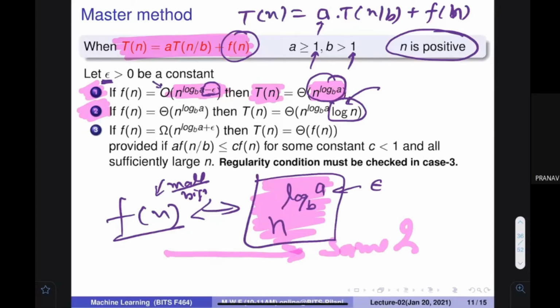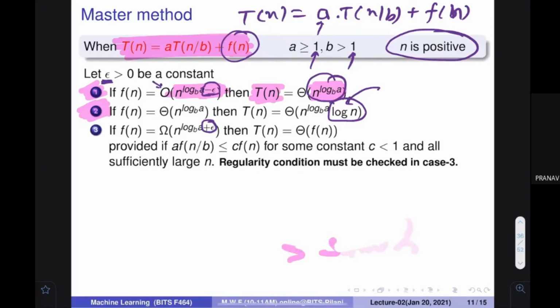When this is a larger term, then you have to add something over here to make it equal. So in that case, since it is larger, you say that it is of order f(n), provided there is a special condition in the third case. When f(n) is larger, you have to provide one more condition, called the regularity condition.